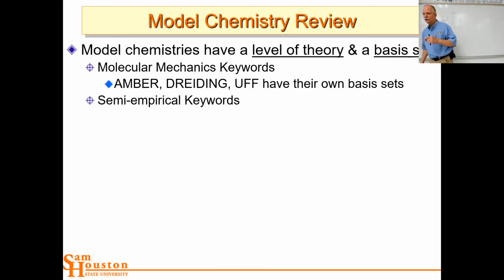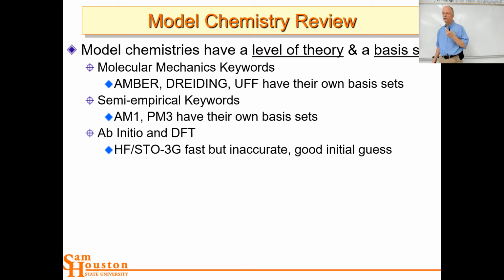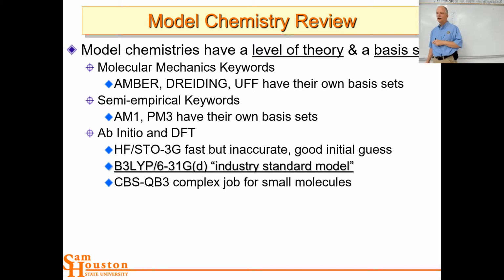And so that's sort of a review. If you've got molecular mechanics, these are the keywords you would use. I use UFF, semi-empirical, PM3, or now they have PM6. Density functional theory, this B3LYP, or I've heard people calling it B3 lip. That seems like a person has 3 lips. That's really strange.